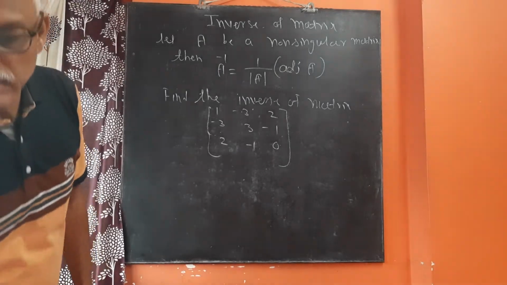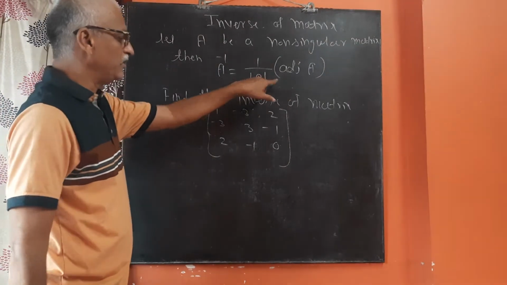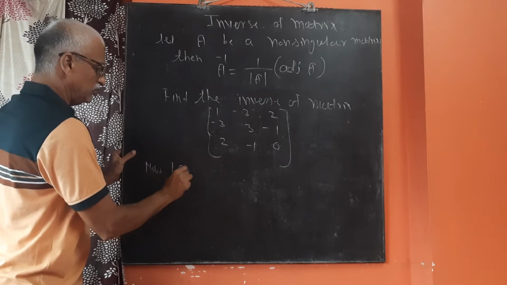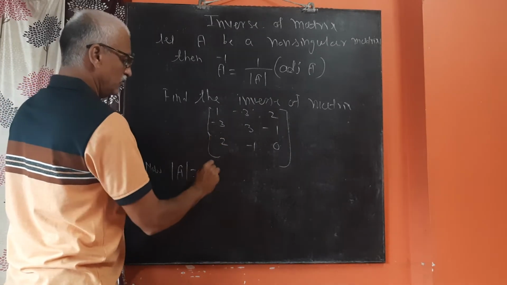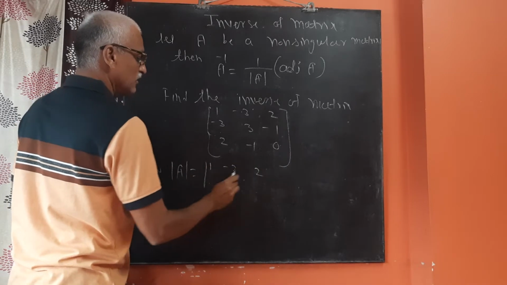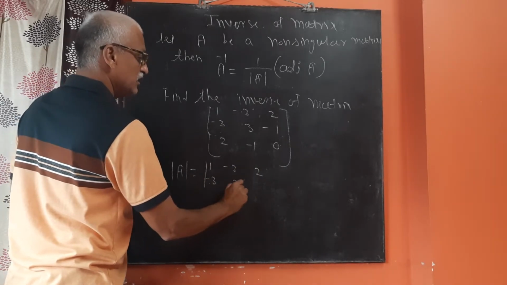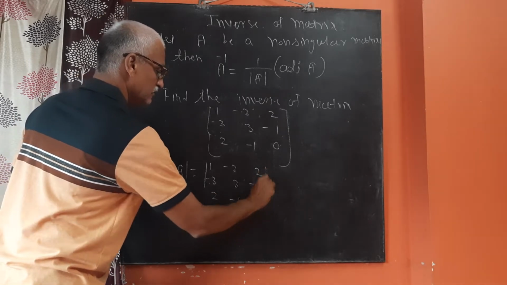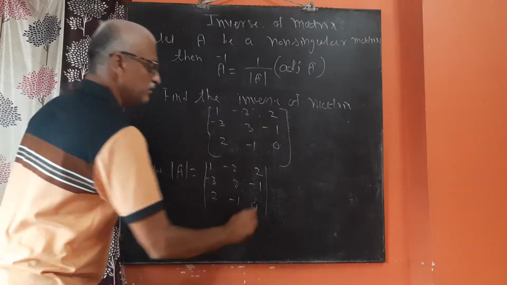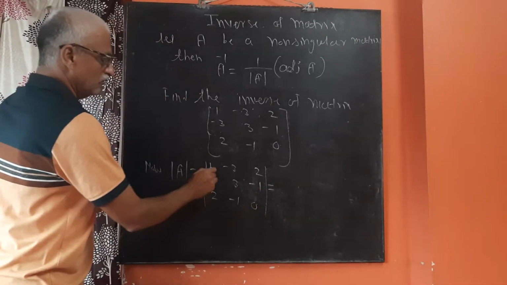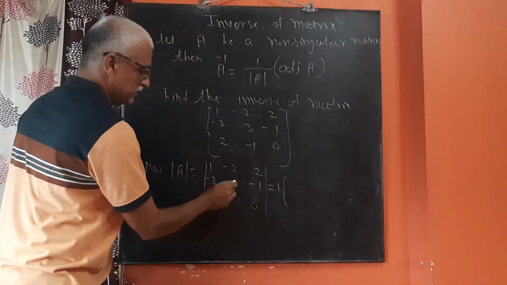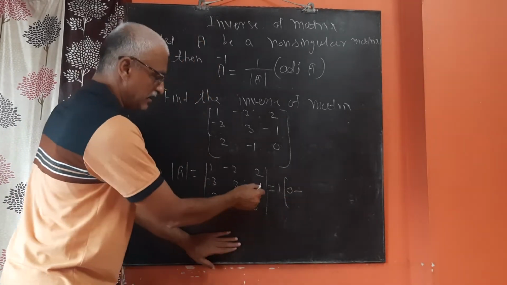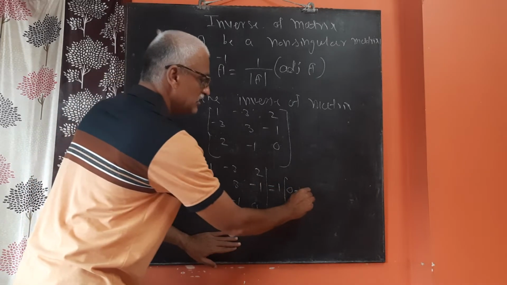To get the inverse of that matrix, first we have to find the determinant of A. Determinant of A is equal to the determinant of 1, minus 3, 2, minus 3, 3, minus 1, 2, minus 1 and 0. Let us simplify this. It is 1 into (3 into 0, 0, minus minus 1 into minus 1, that is plus 1, so that is 1).